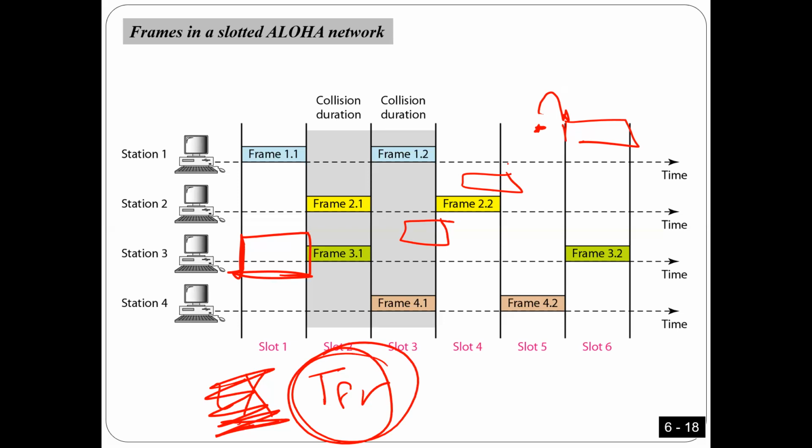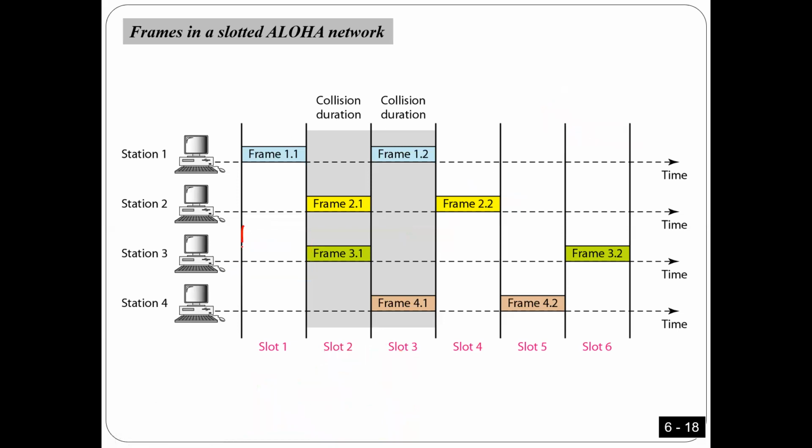To make sure my transmission is collision free, I have to make sure no one is going to transmit in this period, because no one is going to start before it or after it, since it's not allowed. If you want to transmit, you have to transmit from here. Do you understand the difference between Aloha and slotted Aloha? In slotted Aloha, I was able to reduce the vulnerability period by half, just by making sure we transmit only at the start of certain slots.